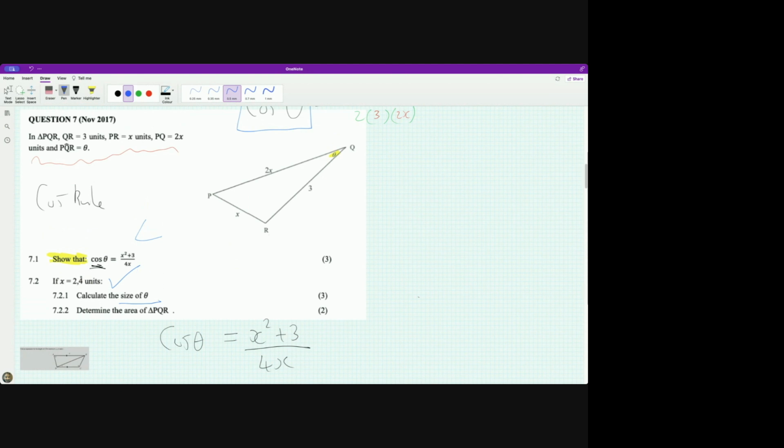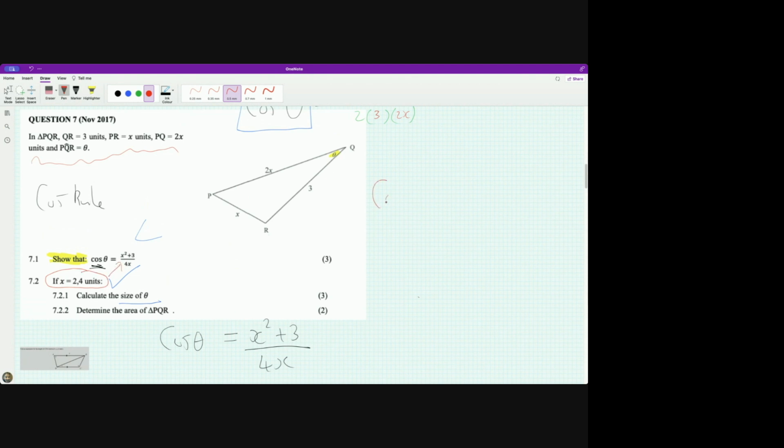What should I do with the 2.4? I was thinking, why don't we take this 2.4 and put it into this relationship, or what's here?